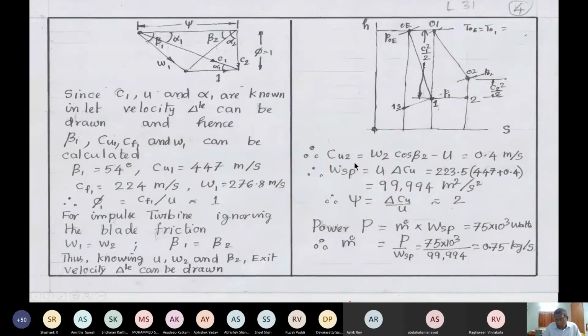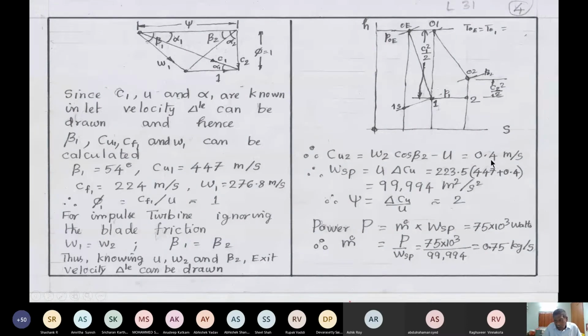You see the Cu2 value is W2 cos of this angle here, which is beta 2, minus U. So the value is only 0.4.